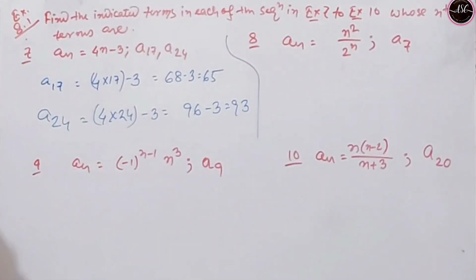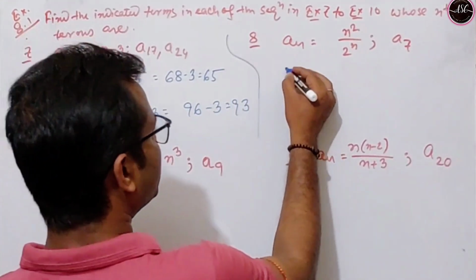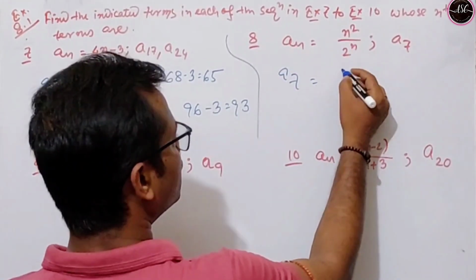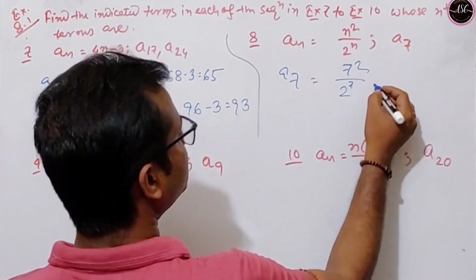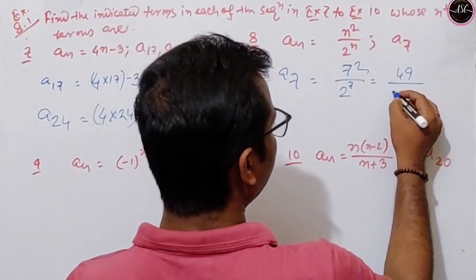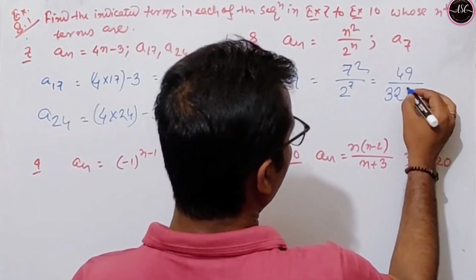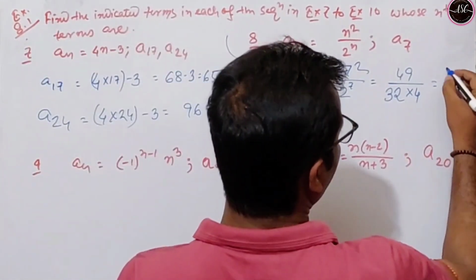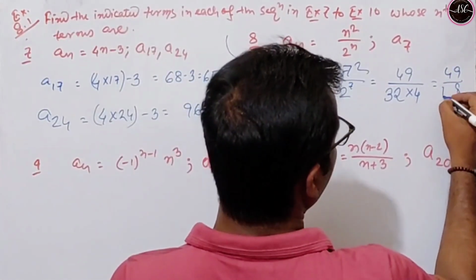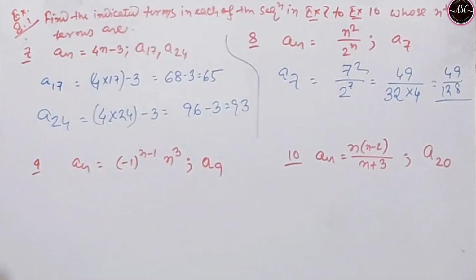Very easy. Okay. Similarly, here A7 equal to, just put 7 in place of n, 7 square by 2 to the power 7, equal to 49 divided by 32 into 4. So 49 divided by 128.